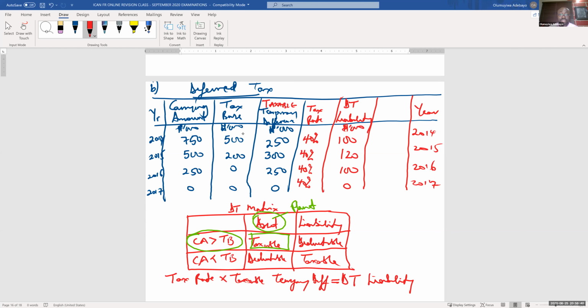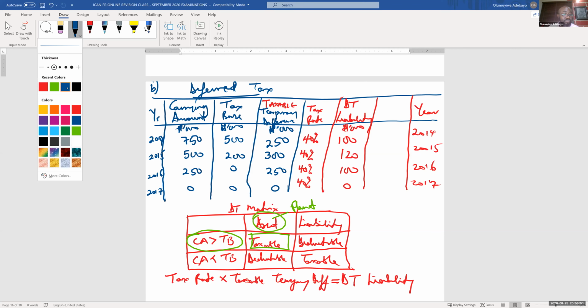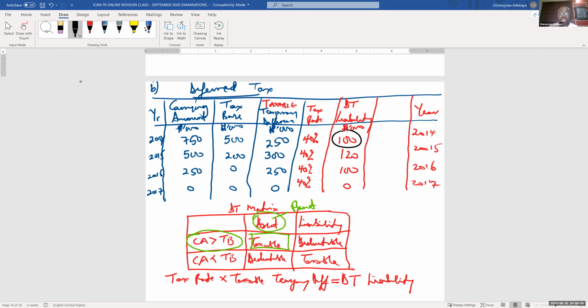Okay, now this first 100 is what I would consider the originating timing difference, because that was when the difference first occurred.